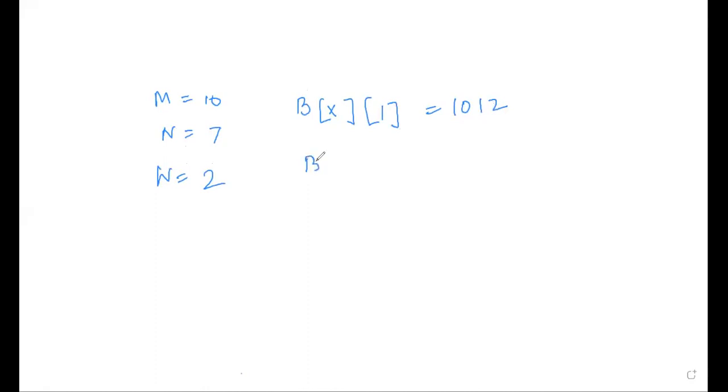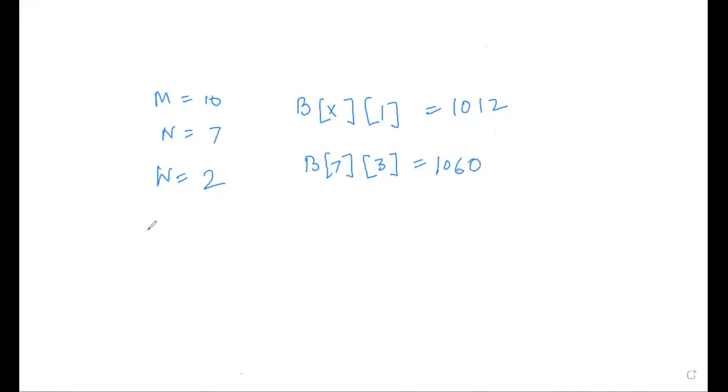And B 7 comma 3 is given as how much? It is given as 1060, and it is arranged column major wise.